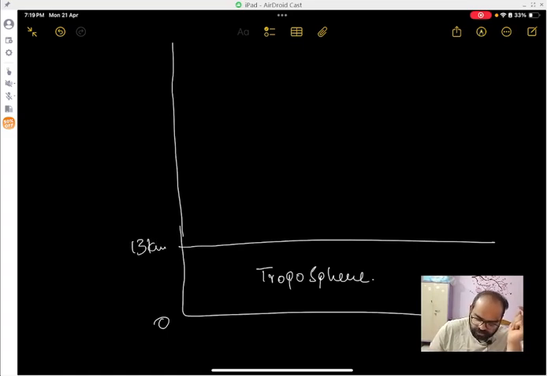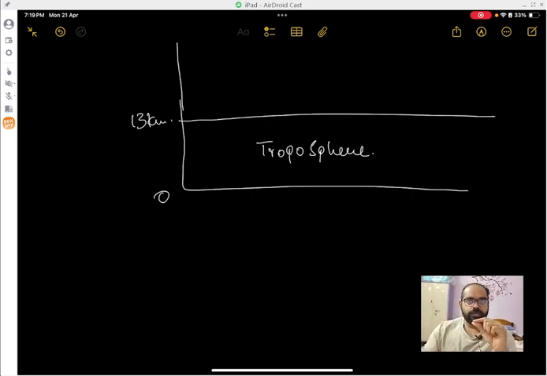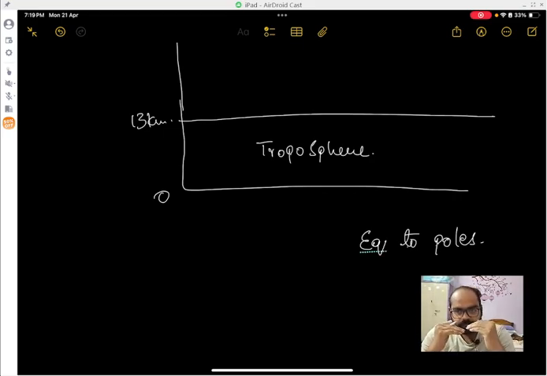As we move from equator to poles, the height of the troposphere decreases. At the equator it would be about 18 kilometers, and at the poles only 8 kilometers.